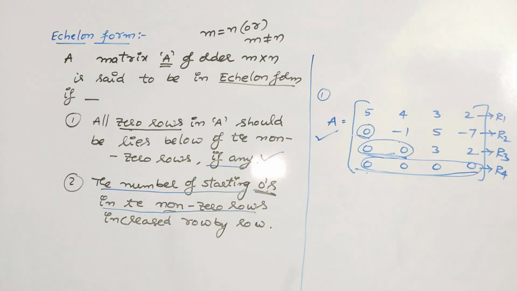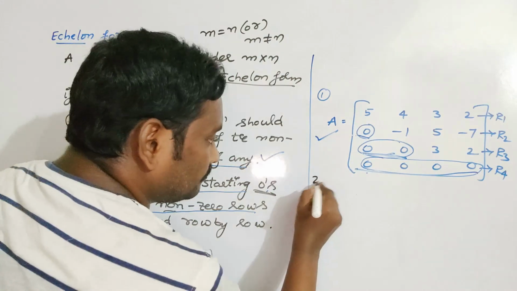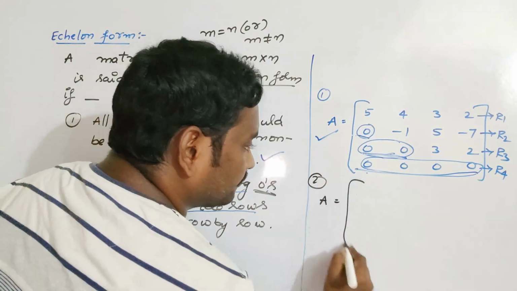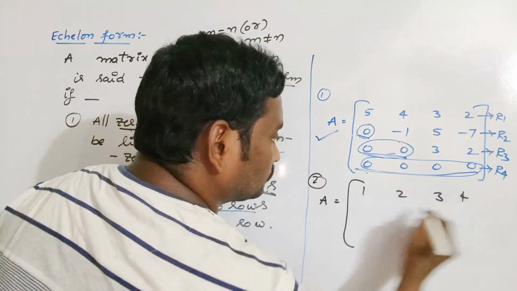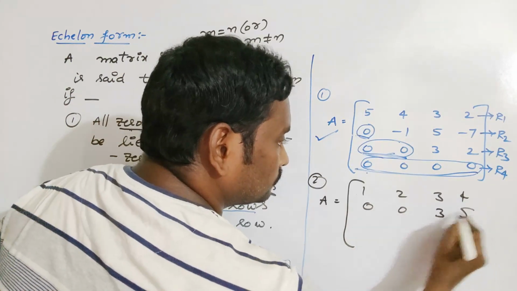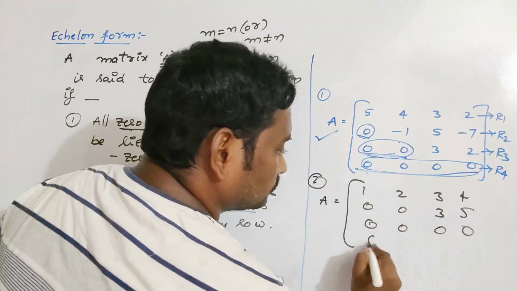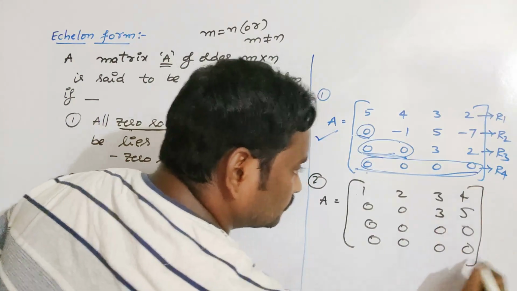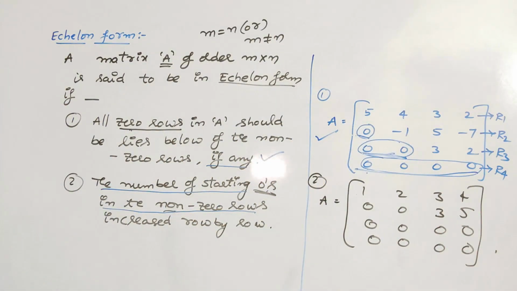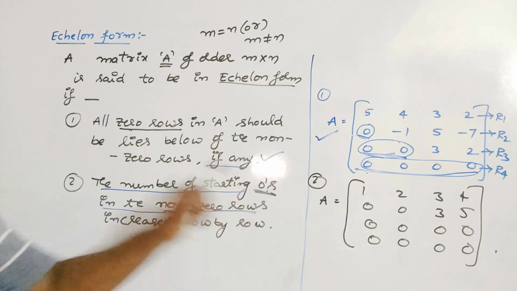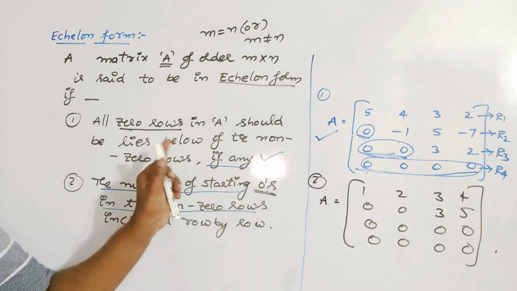Now I will try to give another example here. We are observing that this matrix also satisfies both conditions. So what is the first condition?